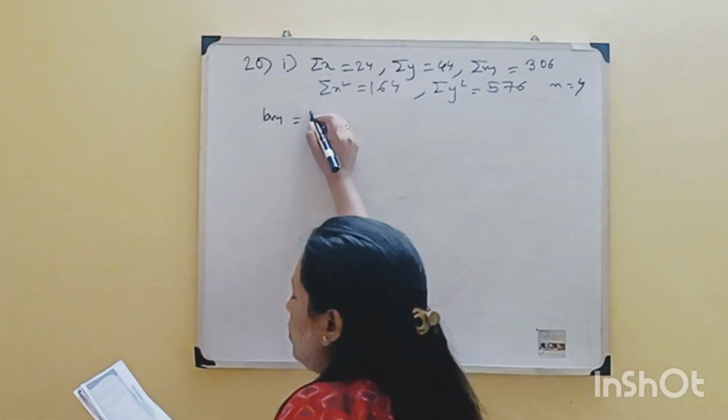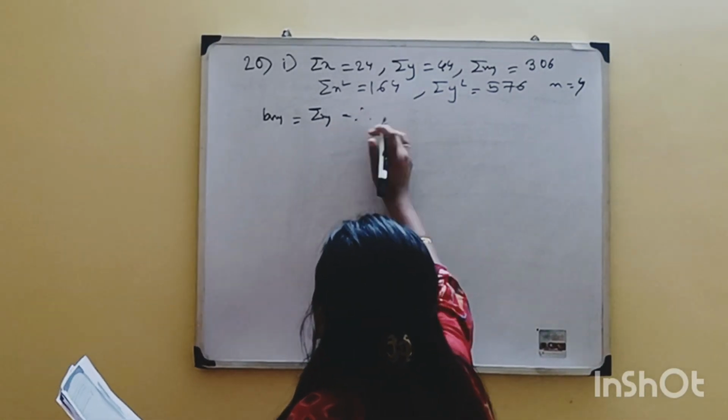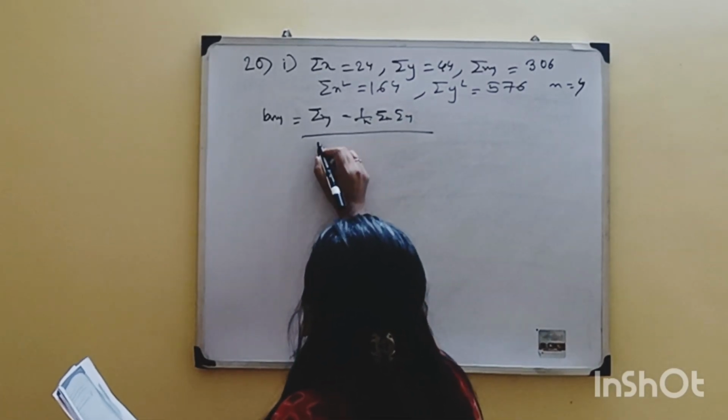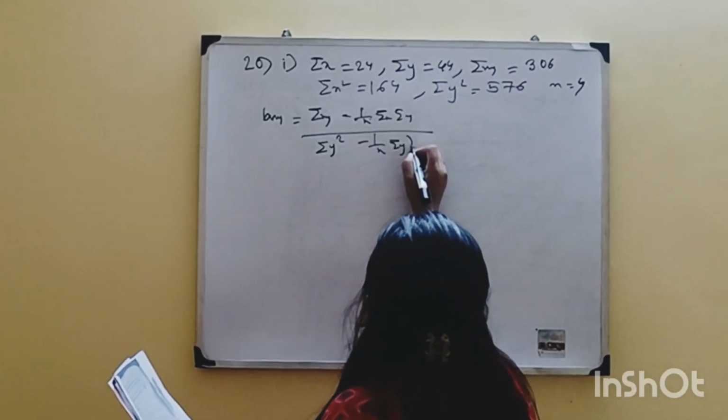Dxy is equal to summation xy minus 1 by n summation x summation y, divided by summation y squared minus 1 by n summation y whole square.